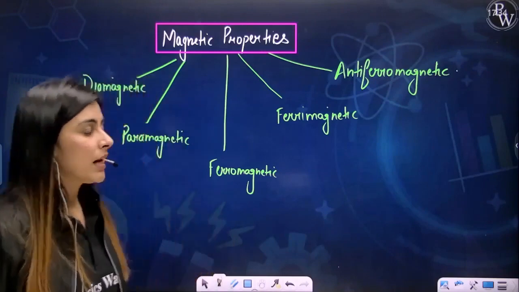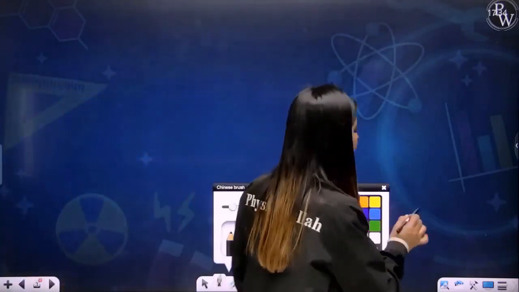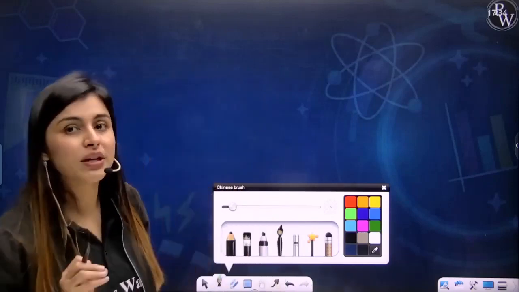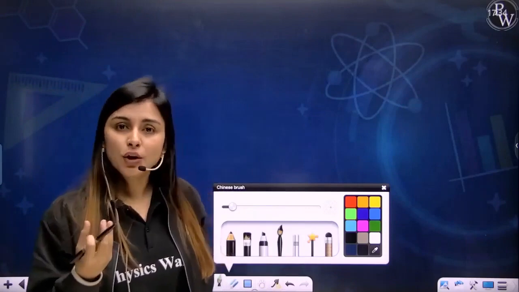Perfect. Now, to understand this particular topic, you just need a little bit of understanding about solids. When we talk about the different elements, we know what their electronic configuration is. Every element has its own electronic configuration, right? Now what you need to understand here is a little bit about electrons.